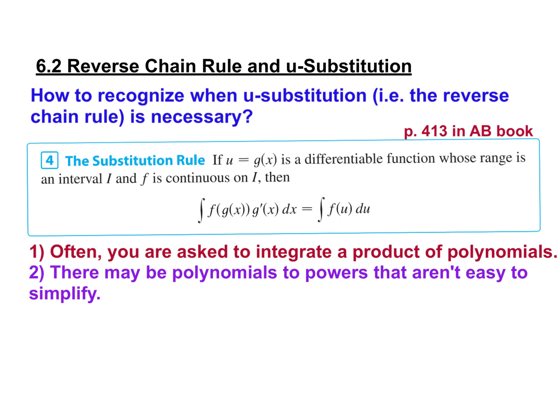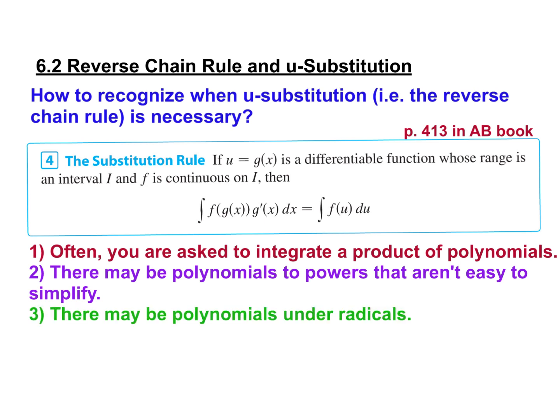Okay? If the power is such that the polynomial raised to that power becomes really challenging, you probably shouldn't multiply it out. Okay? Doesn't mean you can't. It's just going to be tedious and lots of opportunities to make mistakes. Okay.